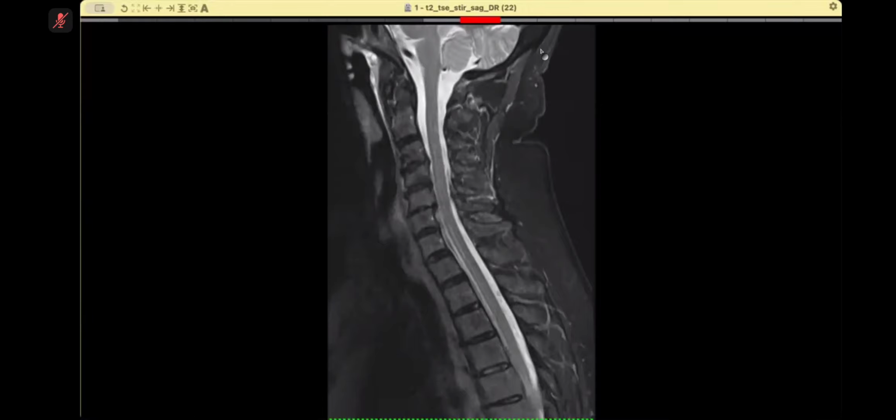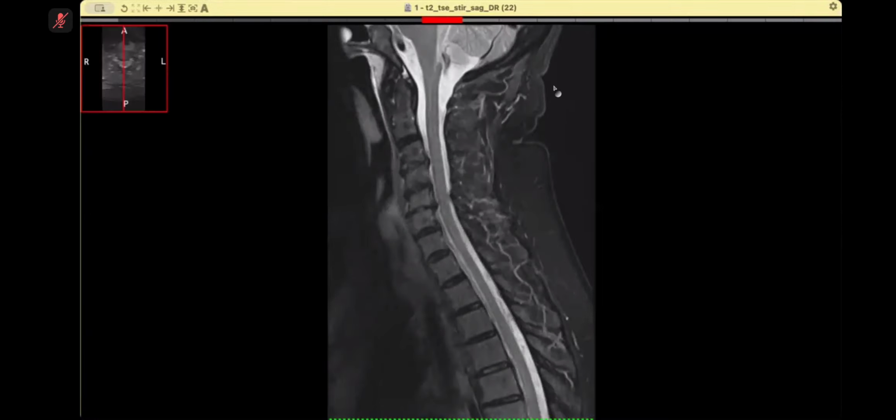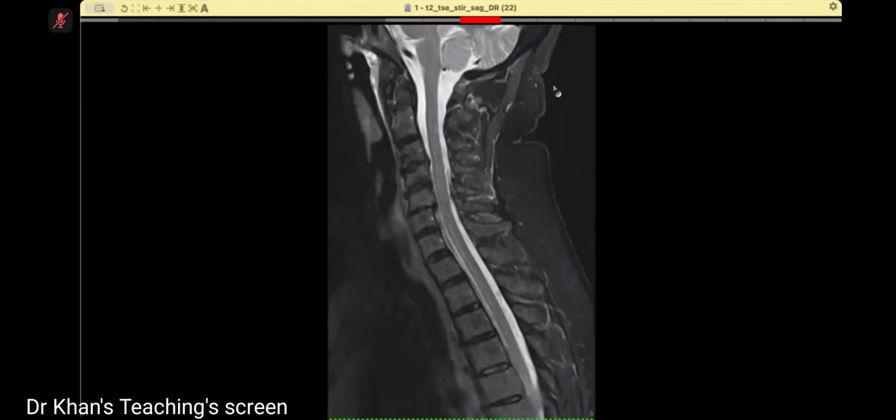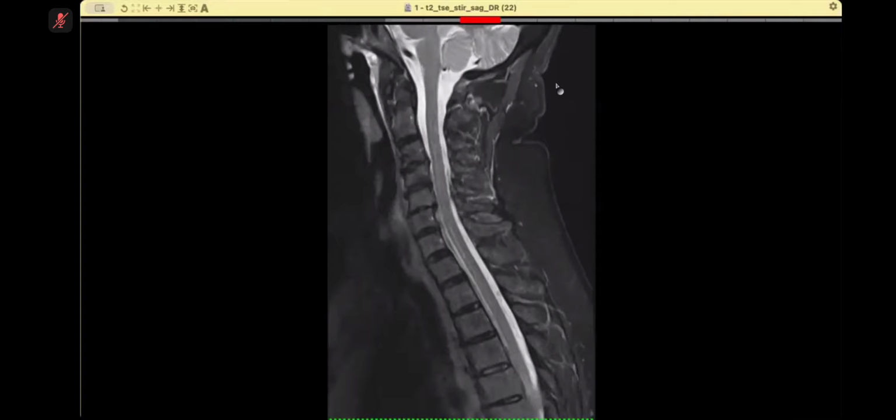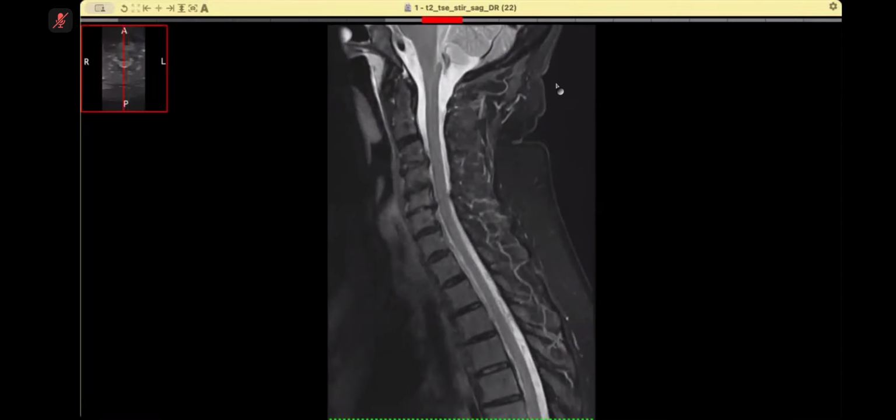MR lumbar was initially done, which was normal. Now the clinicians have asked for MR cervical and thoracic spine, so they wanted a whole spine. So I'm showing you a T2 weighted sagittal sequence. I am going to scroll through it, and I'll just ask you a leading question on this one.